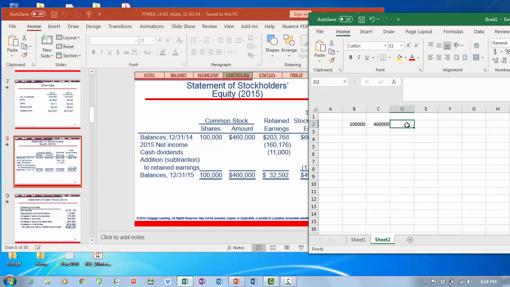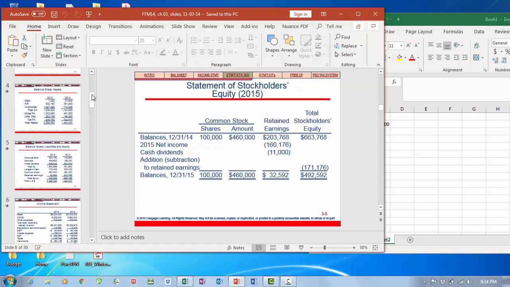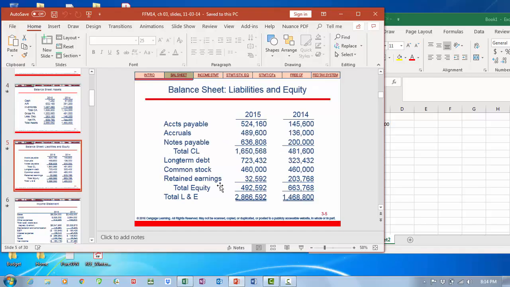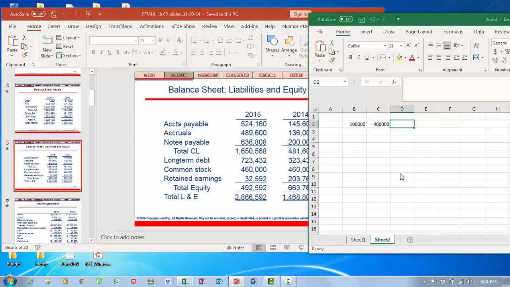Retained earnings is again the figure that you can collect from your balance sheet, on the equity side. So this is the retained earning figure, 203,768.